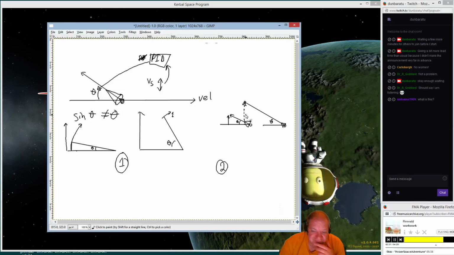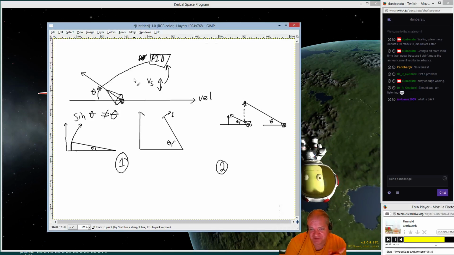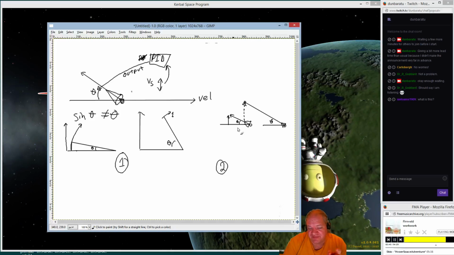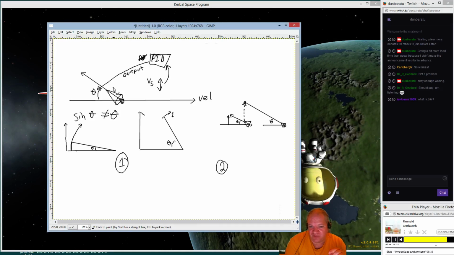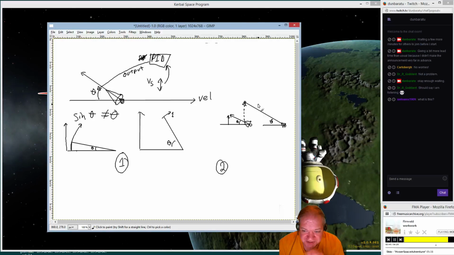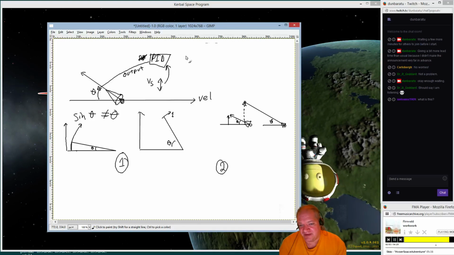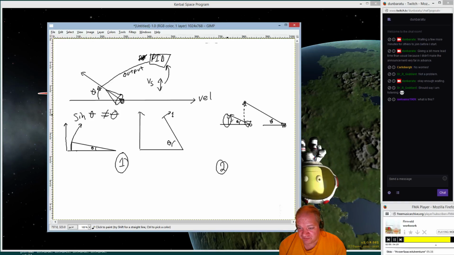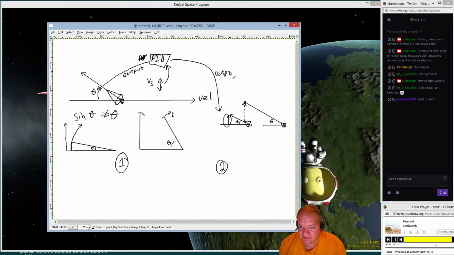You'd have to have a different tuning for every engine because this ratio is different depending on what kind of thrust you have. So, what we really want to do is change this to something where the output of the PID controller is directly related to the vertical velocity in a way that's not quite so disconnected as this angle is. So what I'm going to change it to is this. Instead of picking the angle based on what the PID controller says, we will instead have the PID controller output this.